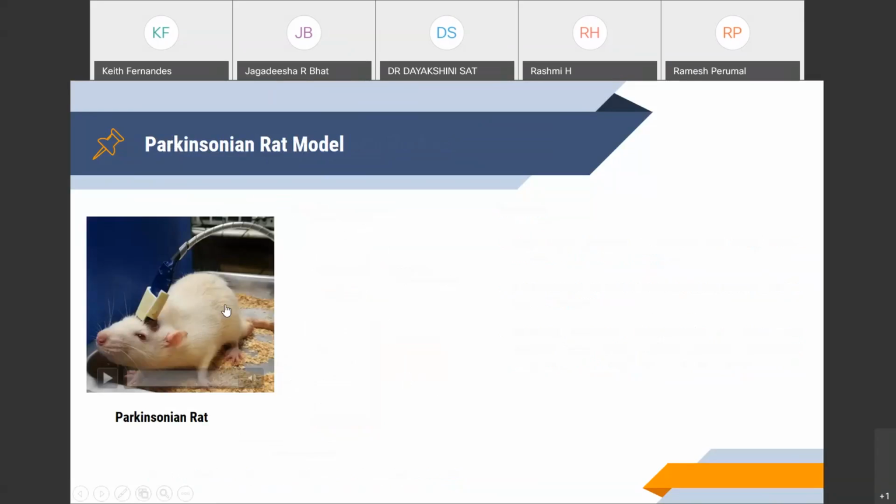So I'm coming back to my research problem. I'm going to show you the characteristics of a Parkinsonian rat model, the characteristic signature of Parkinsonian symptoms, and then we will proceed to the algorithm.